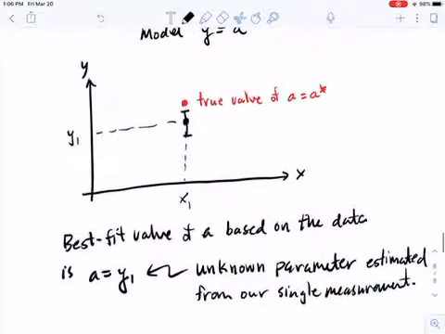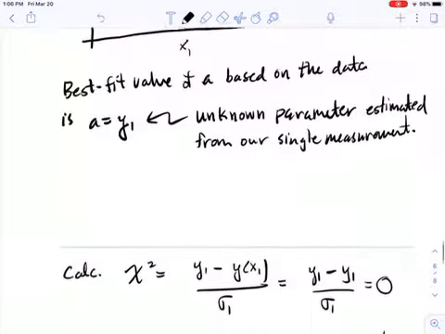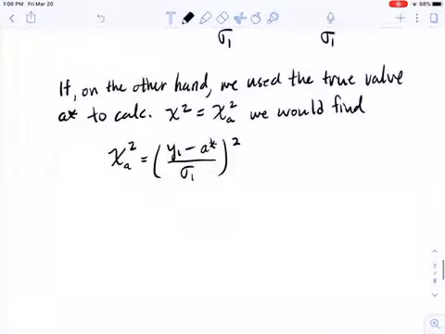And if we look at this, we would expect there to be some deviation between the measured value and the true value, and that deviation should be not so different than sigma 1, and this should come out to be about equal to 1.